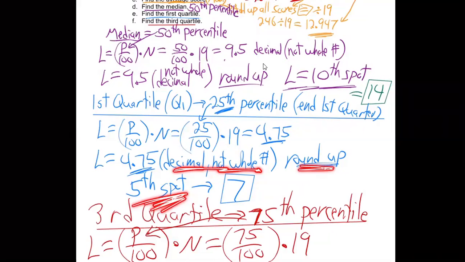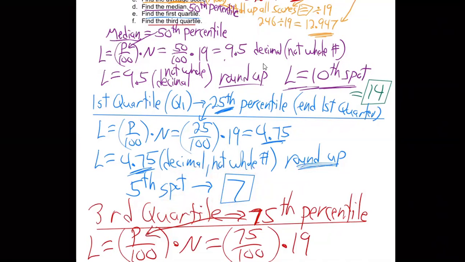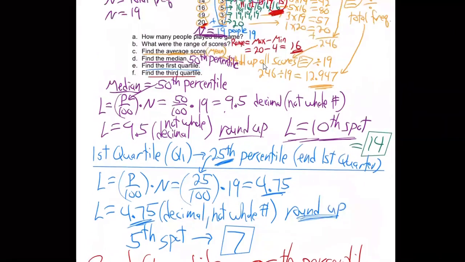Remember, it's just a spot. It's not the answer. Then you go to that spot and find the answer. And then what if your L comes out to be a whole number? You add it to the number next to it and divide by 2. Exactly. You go grab 2 numbers, that number and the number next to it, add them and divide by 2. That's the main thing to keep straight.